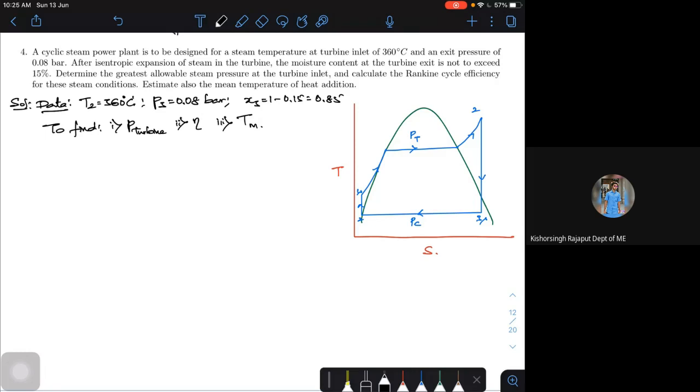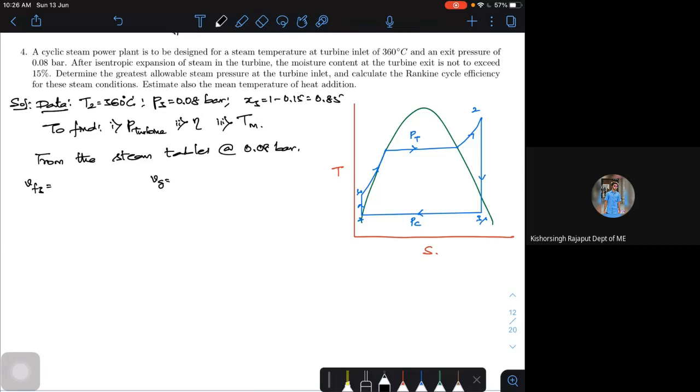From the steam tables, at 0.08 bar, one of you please tell me the values. It's at point 3. So what are VF3 and VG3?